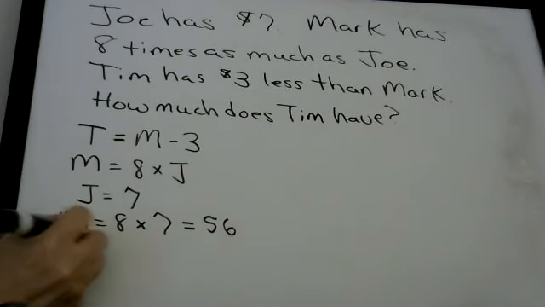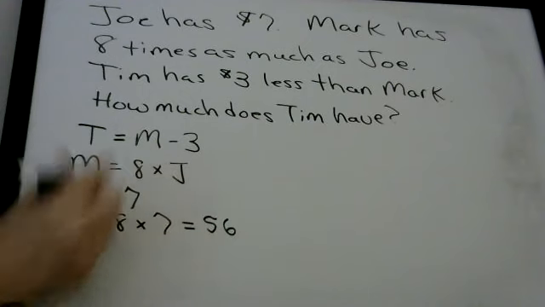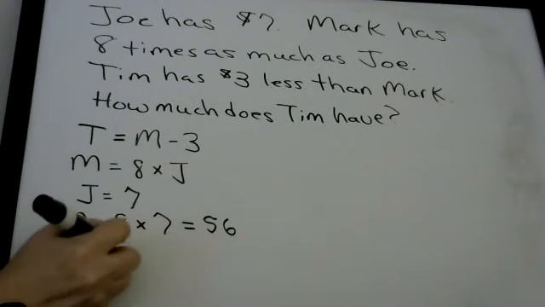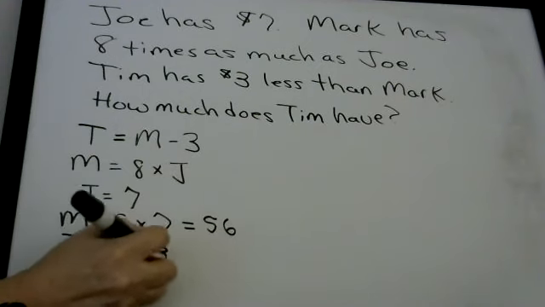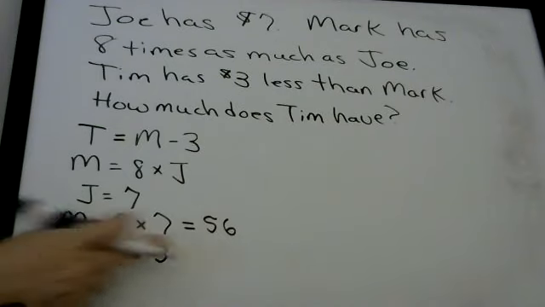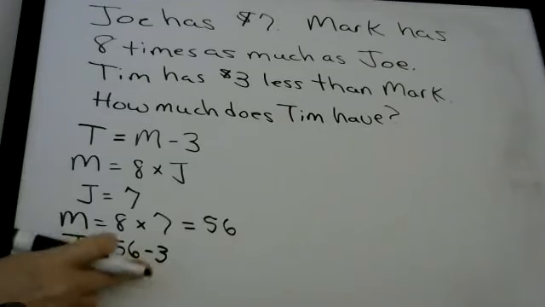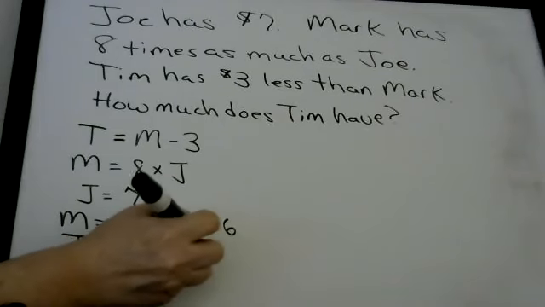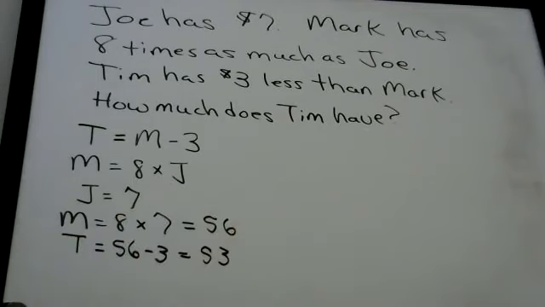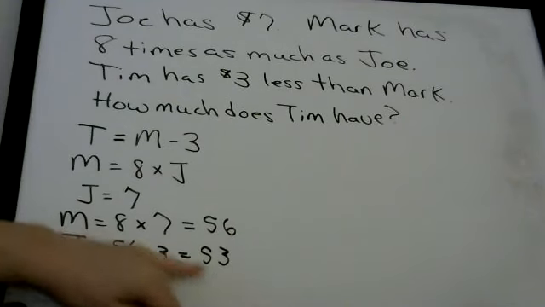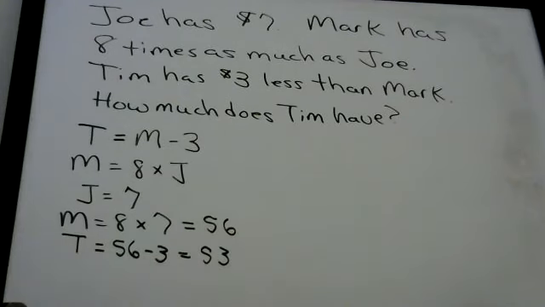Just plug it in, M equals 56, 56 minus 3. So we're just plugging this into the formula that we created. T equals 56 minus 3 equals 53. So how much money does Tim have? $53. So just write it out step by step, knowing how to set up these algebra problems, and then you can solve them fairly easily.